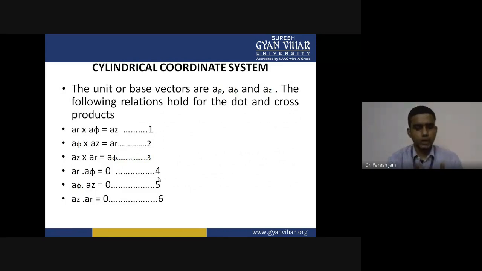We have three dot products: a r dot a phi equal to 0, a phi dot a z equal to 0, a z dot a r equal to 0. So these are the 6 equations related to the dot product and the cross product in the cylindrical coordinate system.